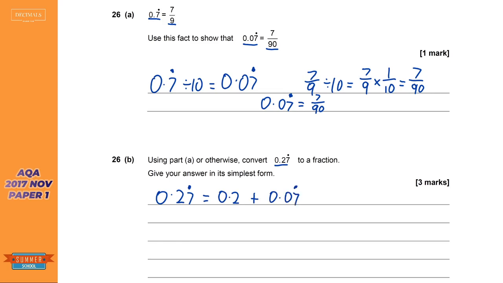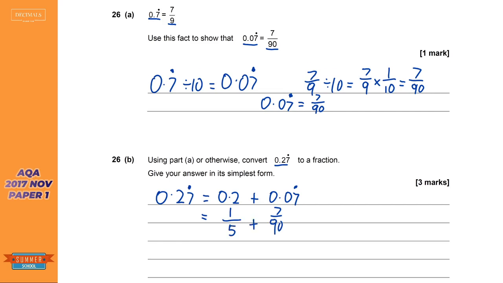Now the reason why we've split it up is that we already know what 0.07 recurring is. We know that that is going to be 7 over 90. And 0.2 is what, 2 over 10 or 1 over 5.